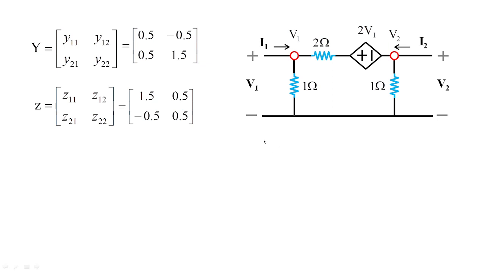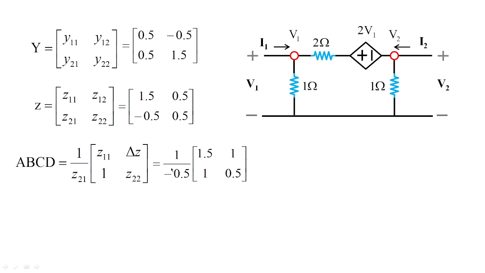Okay, once we obtain the Z parameters, it is easy for us to convert Z parameters into transmission parameters with the derivation 1 by Z21 open bracket Z11, delta Z, and Z22. So I'm going to substitute these values in this frame and I'm going to get the value as minus 3, minus 2, minus 2, minus 1.